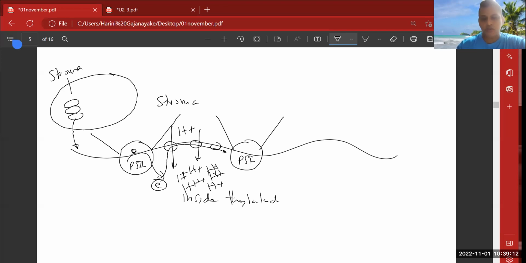PS2 absorbs light, chlorophyll A releases electrons, and this electron moves through the complexes and joins with NADP plus H plus to make NADPH. And the lost electron from PS1 is replaced by the electron from PS2. This electron is coming to PS1.